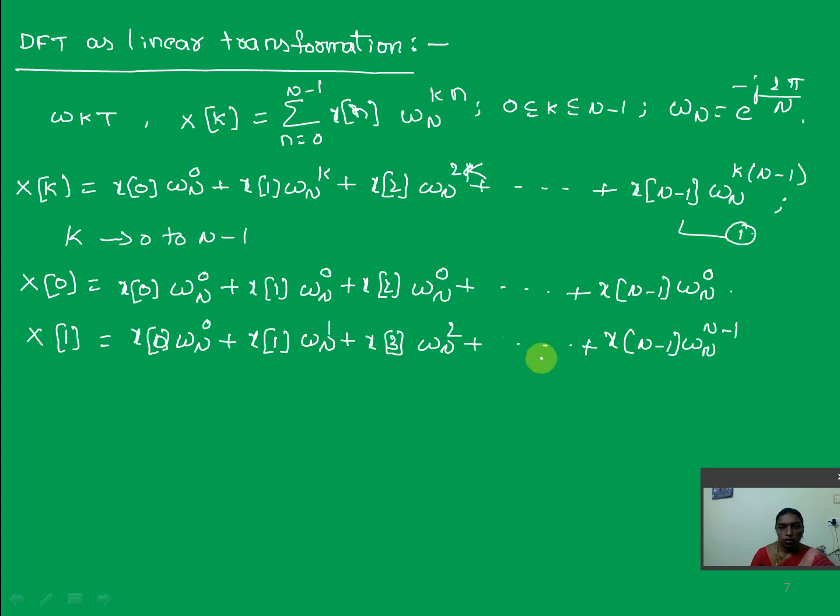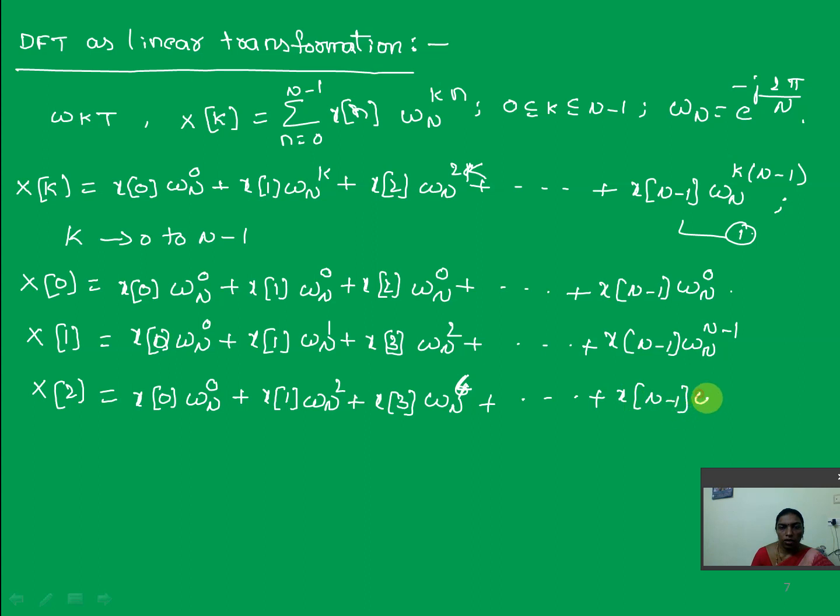Now substitute k equals 2 in equation 1 again: x of 0 W_N power 0, x of 1 W_N power 2, x of 2 W_N power 4, and so on, x of N minus 1 W_N power 2 into N minus 1.